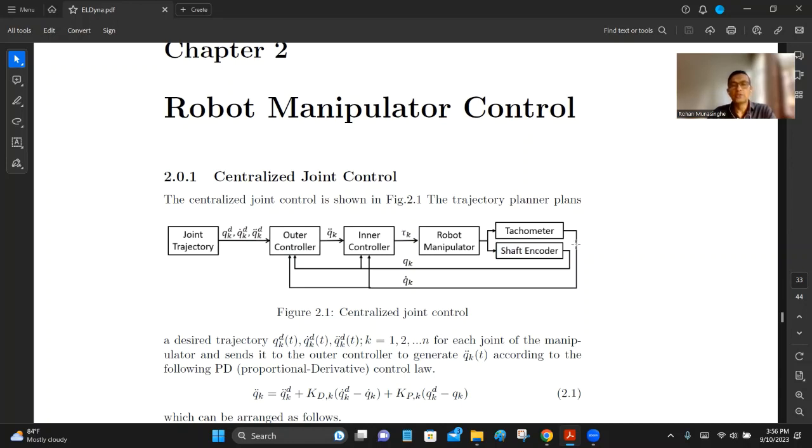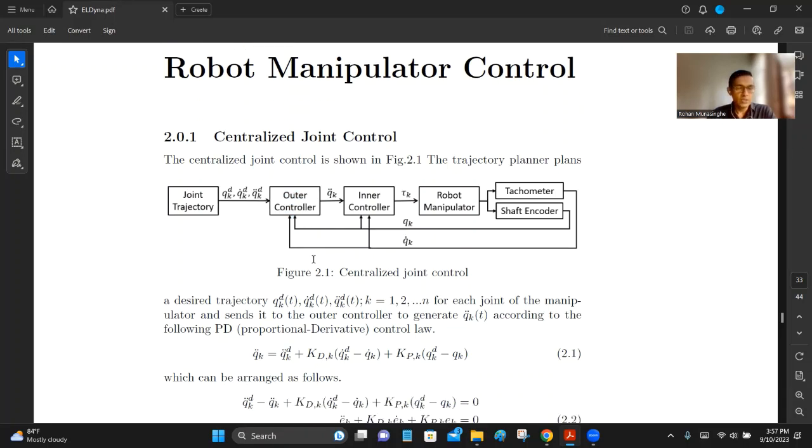And also it has what is called the tachometer to give us angular speed. Now I have the present position and speed of each and every joint. Okay, this data is available to the outer controller. Now see, the desired acceleration and actual velocity and position are available to the outer controller.